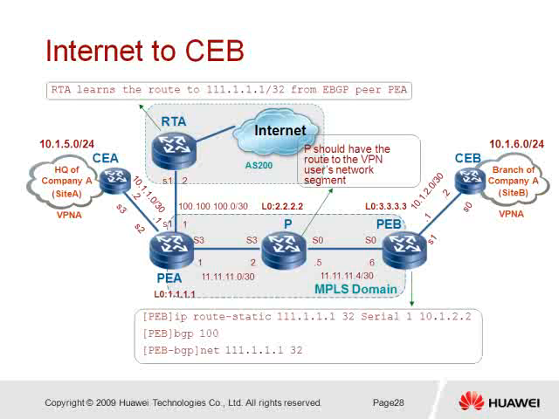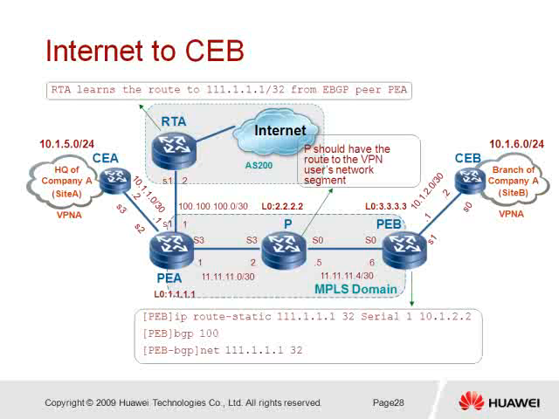Because RTA is the eBGP peer of PEA, RTA will also learn the route to the VPN user. In addition, P should have the route to the VPN user as well. It can be realized by the static route configuration.